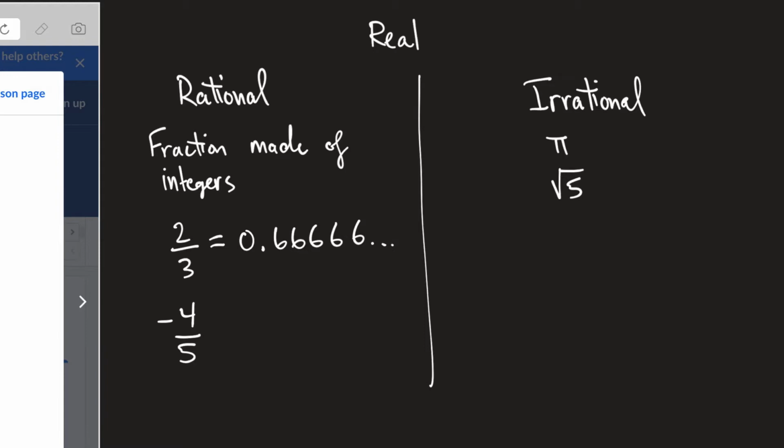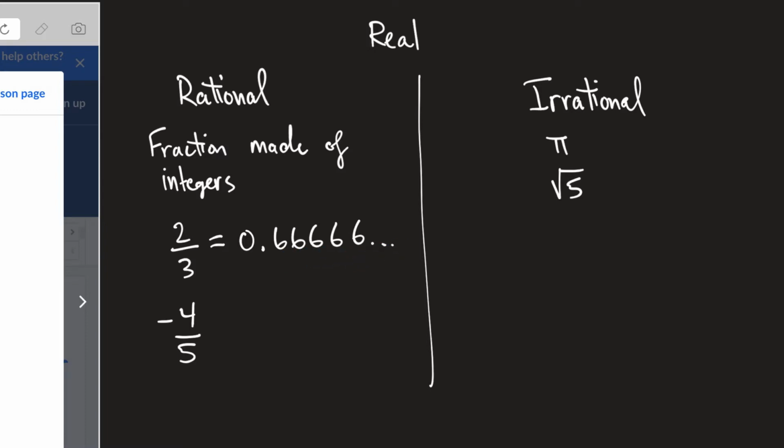To me, rational means it's like a rational person. You know what they're going to do. They're predictable. And so this is very predictable. You know that the next number is going to be a 6 forever. There's this repeated pattern, and that pattern is that it's 6 forever.